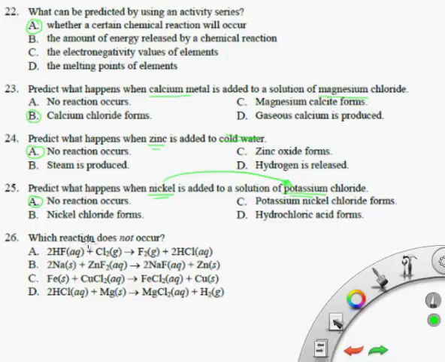Number 26, which reaction does not occur? What we're going to do is pay attention to either the metal or the non-metal. One of them is going to get replaced. All of these are single displacement reactions. Compound, single element, compound, single element, compound, compound, single element.